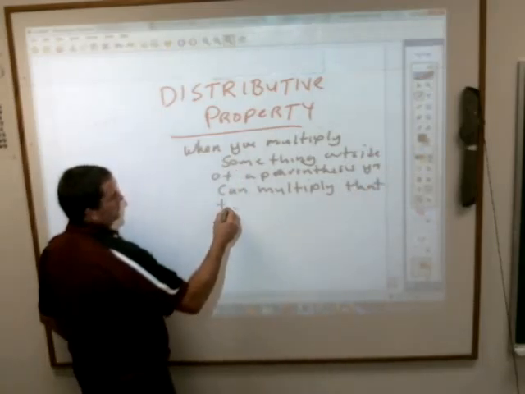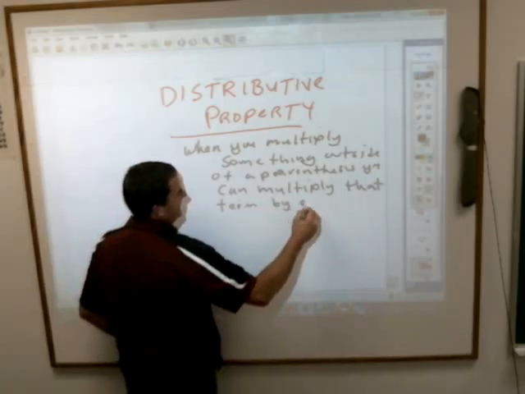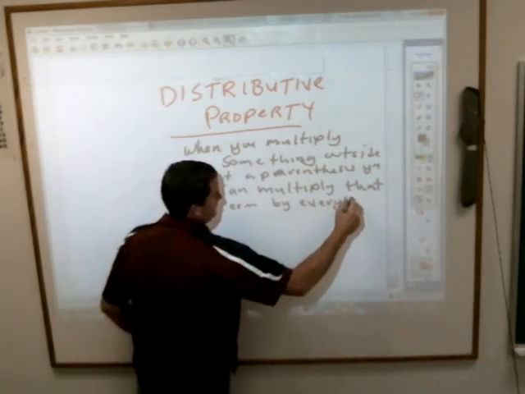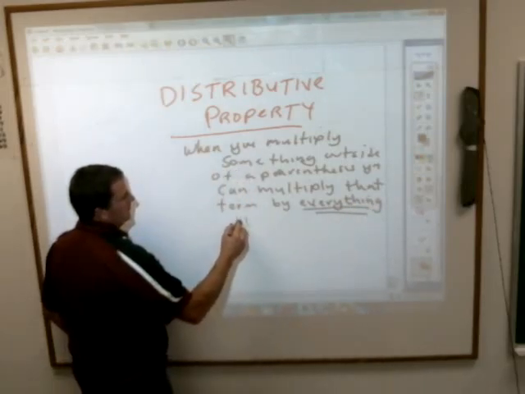I'd like to use the word term, but that'd probably throw people off. You can multiply that term by everything, underline that, in the parenthesis.